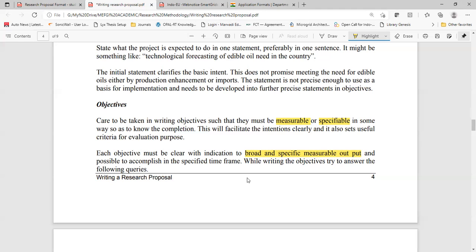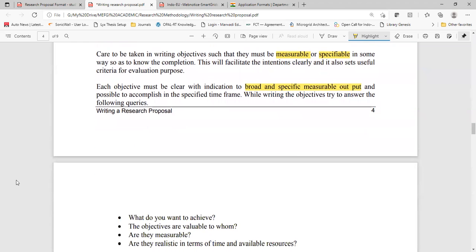Is it possible? No. You cannot completely eliminate poverty. So that means you can never achieve that outcome. But you can certainly reduce the poverty of the state by at least 10%. Fine.